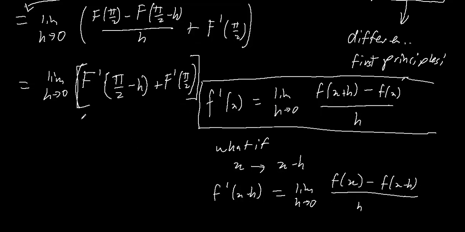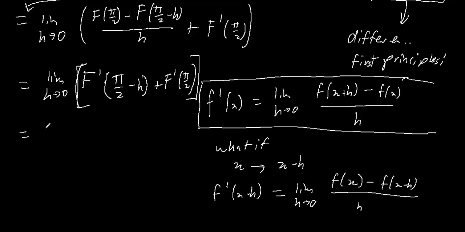Now this guy here, we can make the limit as h approaches 0, and then I just get two groups of f dash pi on 2. Because when h approaches 0, then this just gets f dash of pi on 2 plus f dash of pi on 2, and that's just two groups of the same thing.